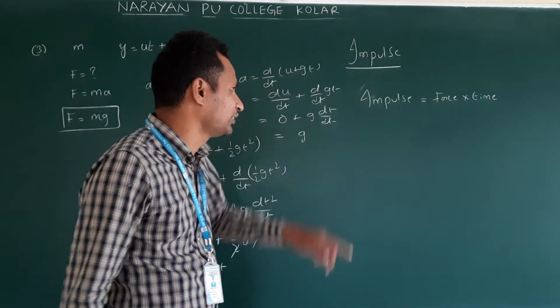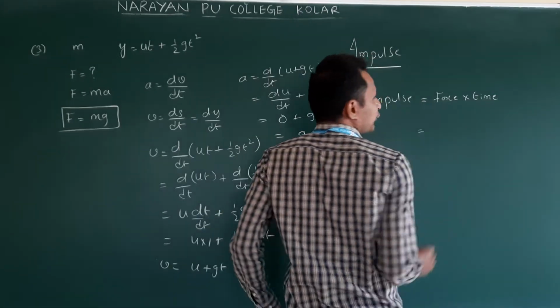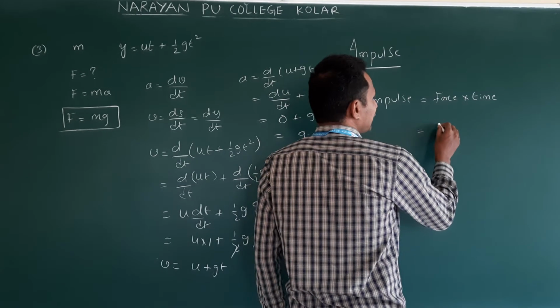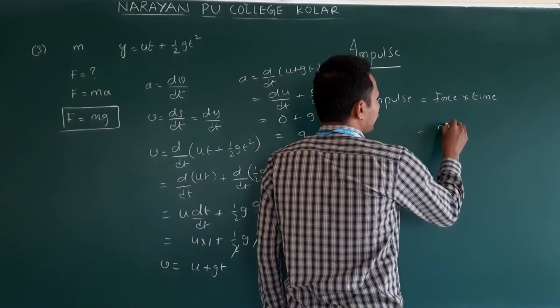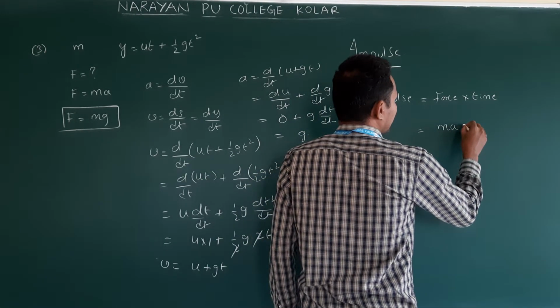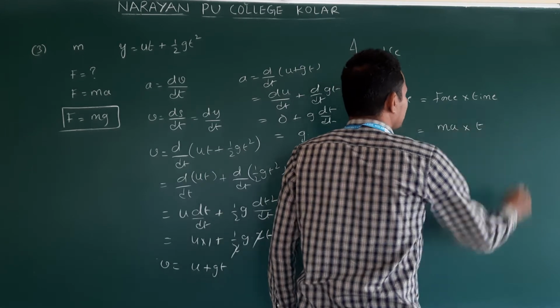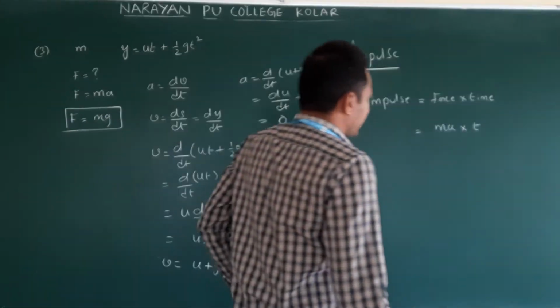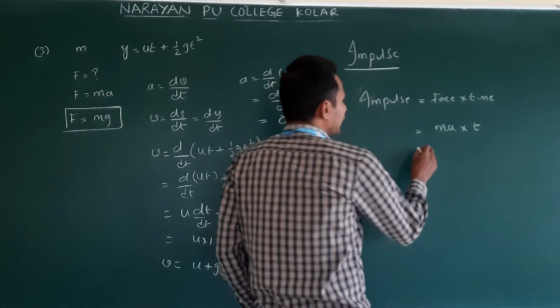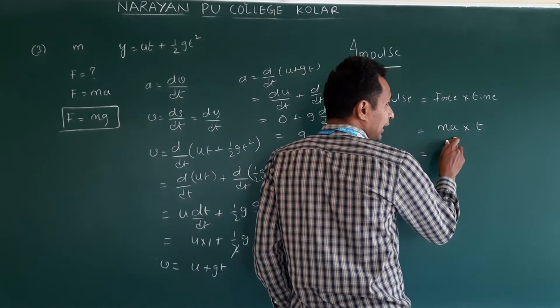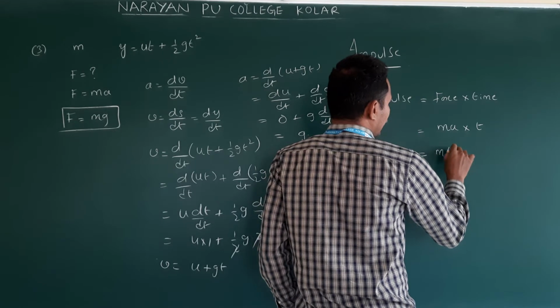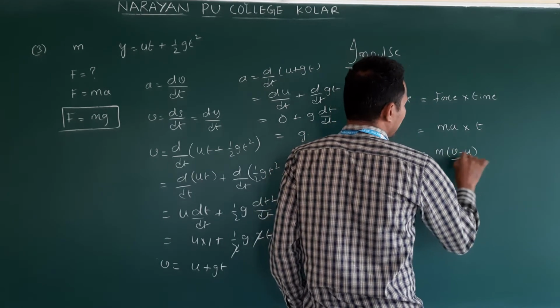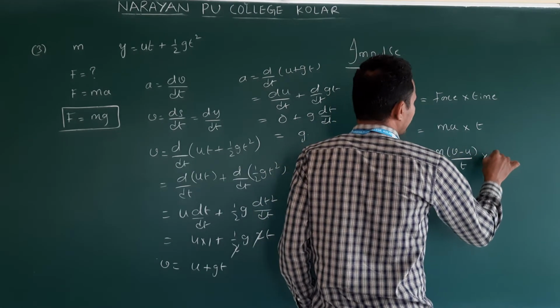What is the formula? Already we have seen force. Force is m into a into time t. How do we write this from kinematics? (v minus u) by t into t.